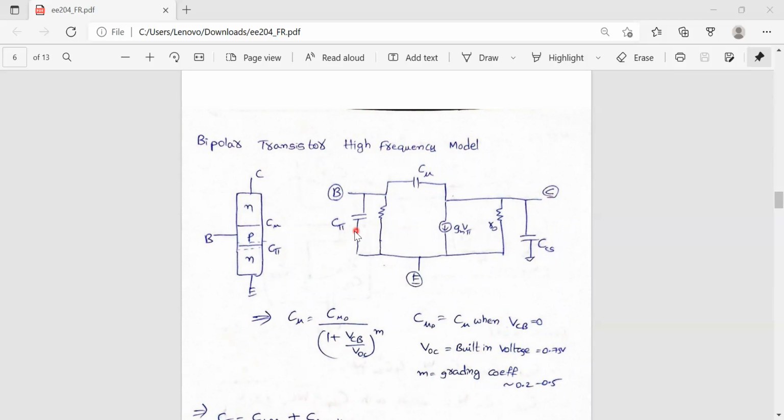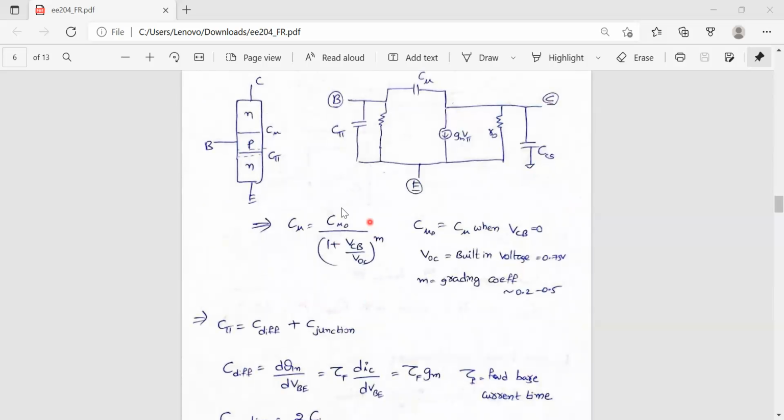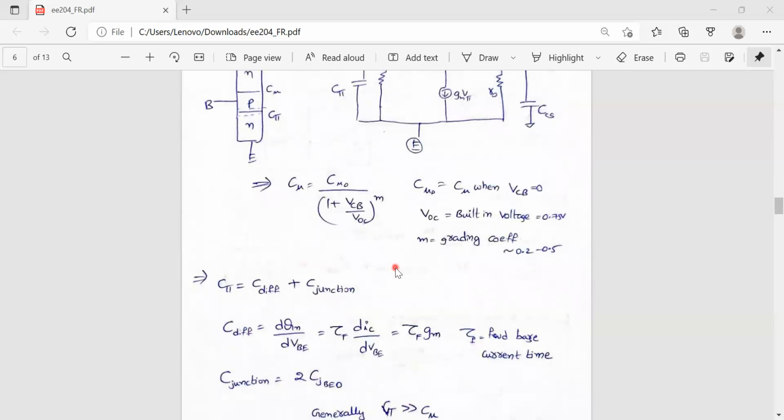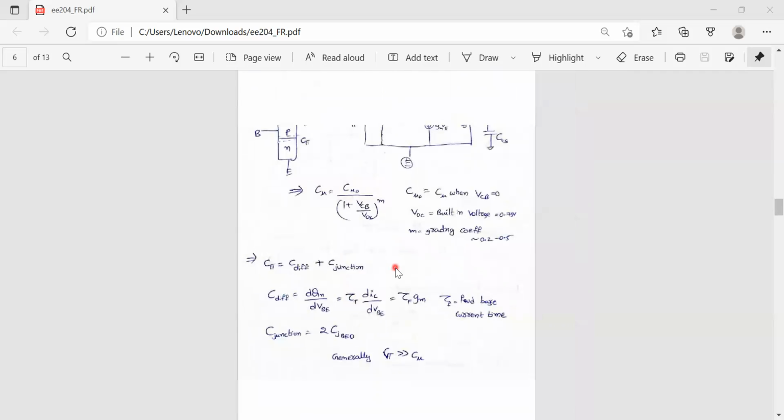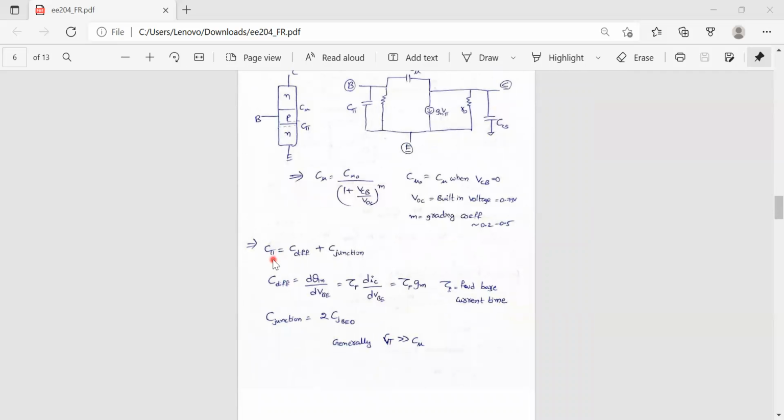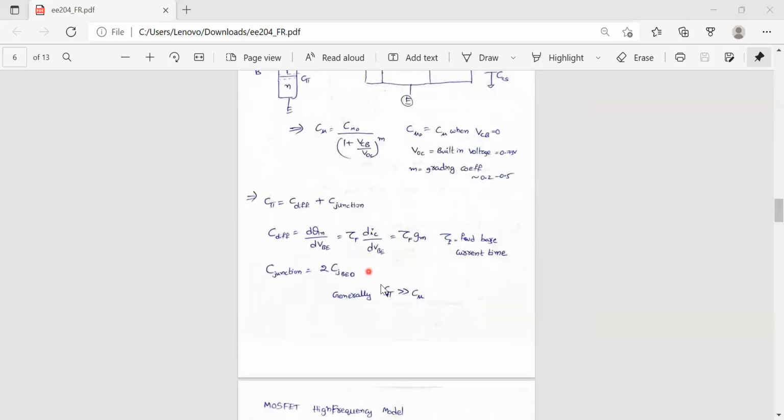C pi, C mu and CS. This is the small signal analysis circuit. We can find C mu by using this formula. These need not be remembered. And we can find C pi as C diffusion plus C junction, and C pi is always greater than C mu.